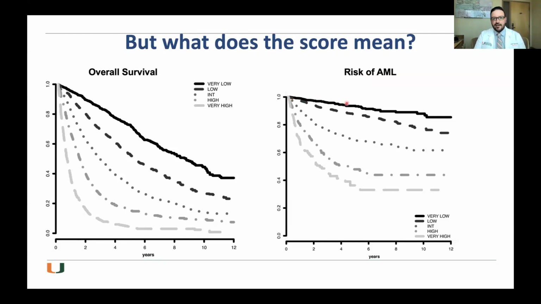Again, with the very low risk having the least chance of becoming AML to the very high risk, about 50% of the patients developed AML within 2 years. So that's kind of how we use this risk classification to give a prognosis. This is all based off of the historical data, the outcomes of patients with MDS from previous years.